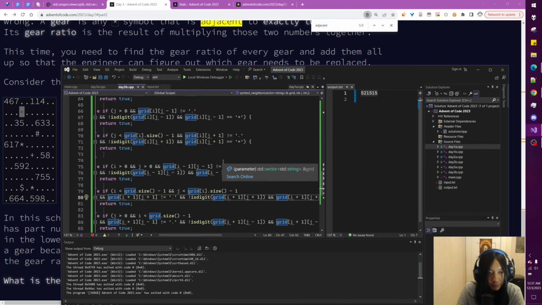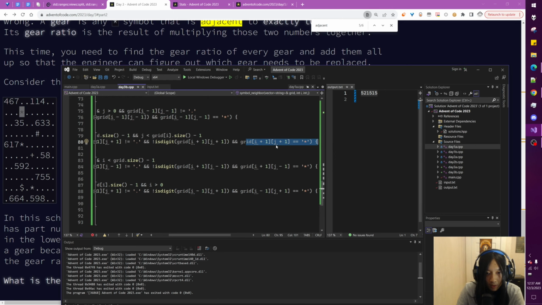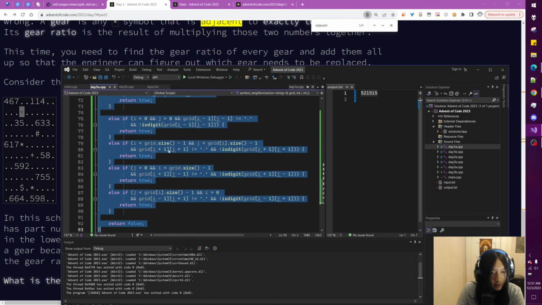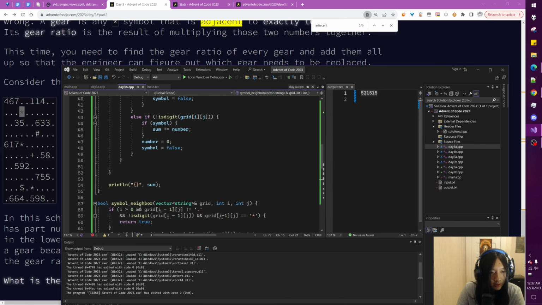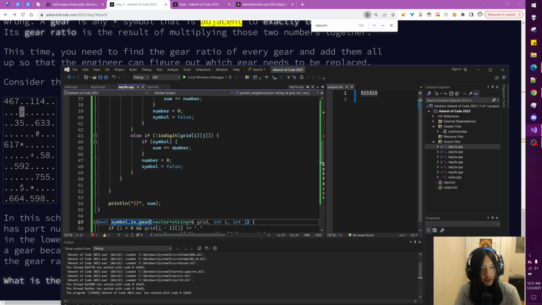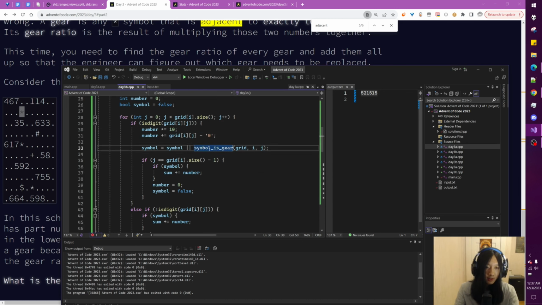Okay. Plus plus, minus minus, plus minus, minus plus. So now this should only give us the symbols which have gears. Okay, so what is this gonna tell us?